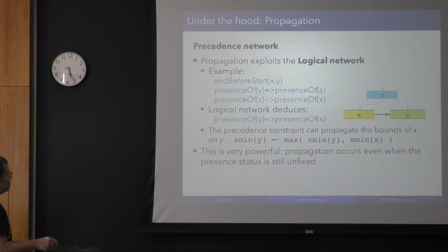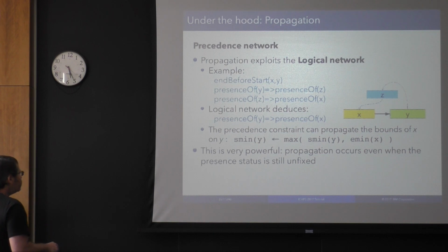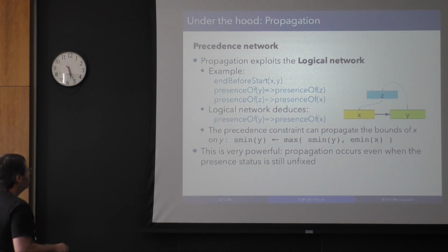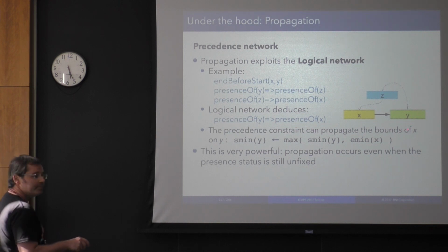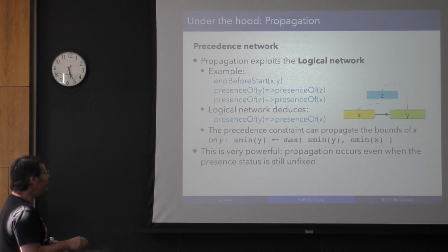What you can do when you propagate the precedence constraint here is to say that if y is present, then x will necessarily be present too. Okay? So x will push, let's say, the min time of y.